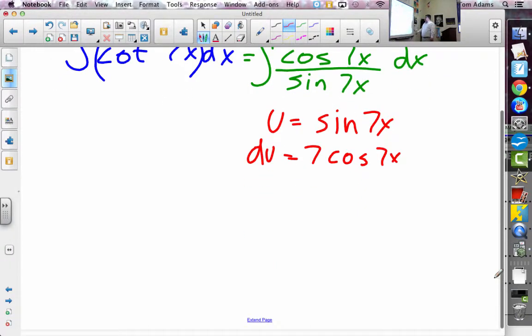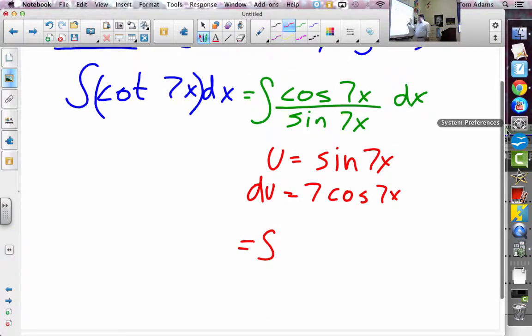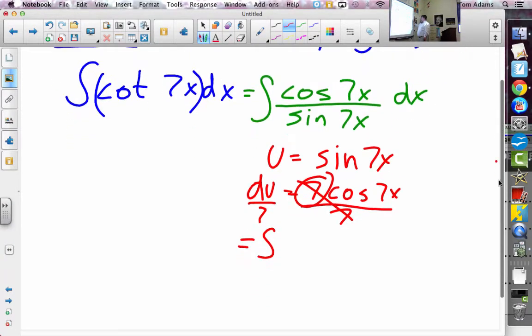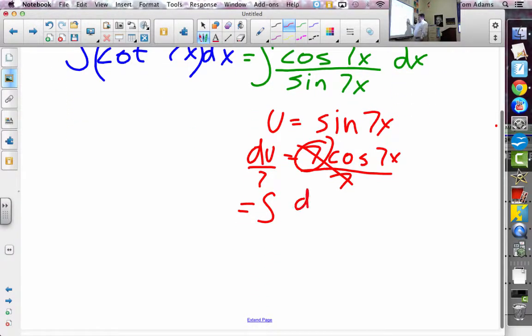So then this integral becomes, wait a minute, I have cosine of 7x, so what do I do to get rid of this 7? Just divide both sides by 7, right? So these 7's cancel, and cosine of 7x is actually du over 7. So I'm going to get du over 7 times u, right?